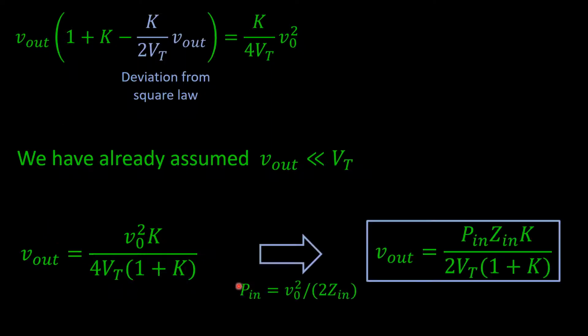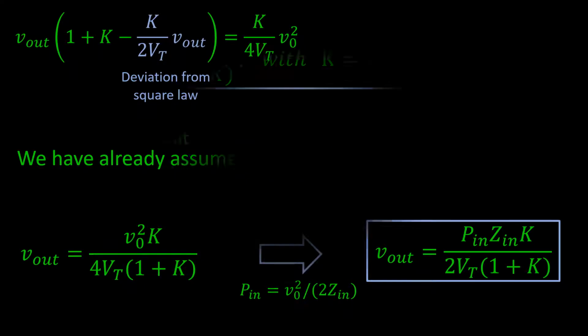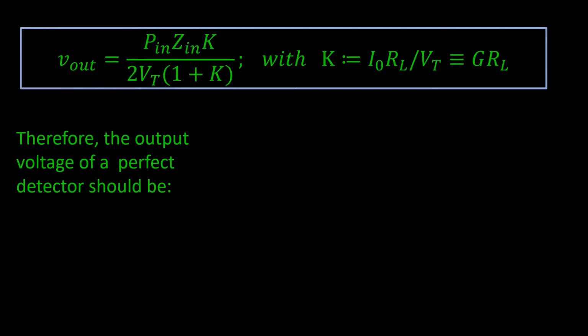Now we convert the input voltage into the input power we use to measure in practice, where the impedance is 50 ohm. We got the equation we were looking for. We can extract from this equation a couple of remarkable conclusions. The first one is that our device provides in a small signal regime an output voltage that is proportional to the input power.